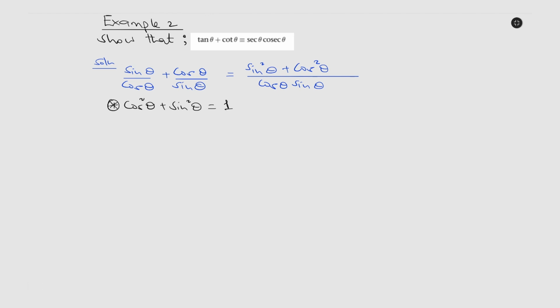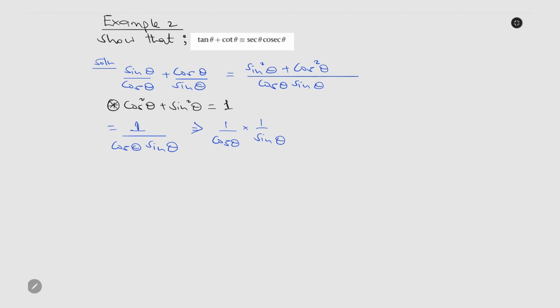So it means that I'll replace the sine squared theta plus cos squared theta with 1, so that I will have 1 over cos theta sine theta. Okay, and that is the same as 1 over cos theta times 1 over sine theta.